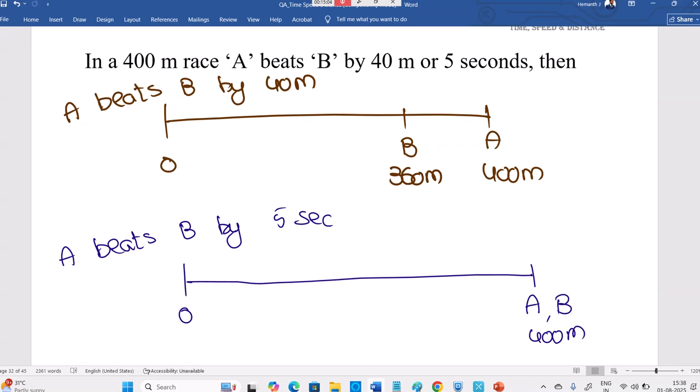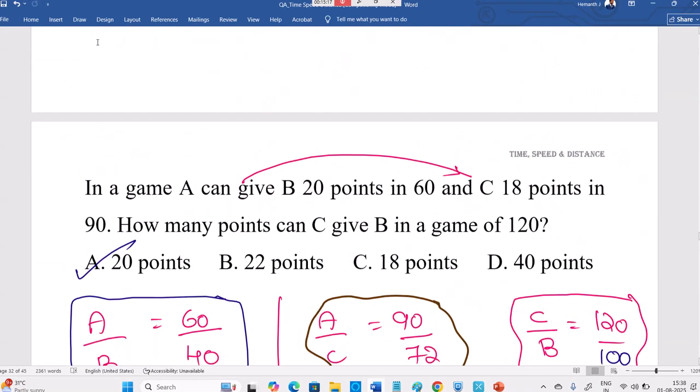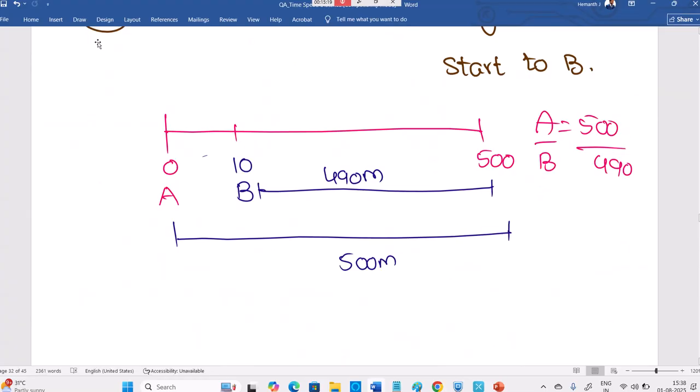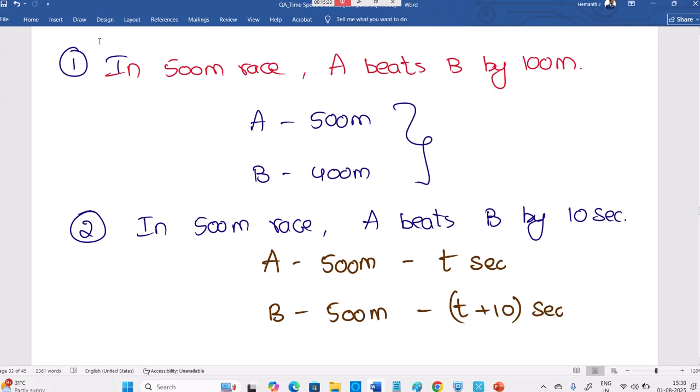Now listen, my dear, listen. Here one more important thing is both timings are the same. That point, yeah, in the introduction we missed it, it seems. One second. When they mention the time, that also we need to update. In the introduction, we said the first statement, A beats B by 100.